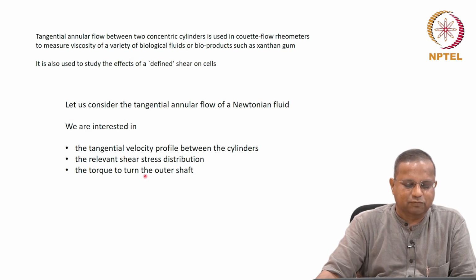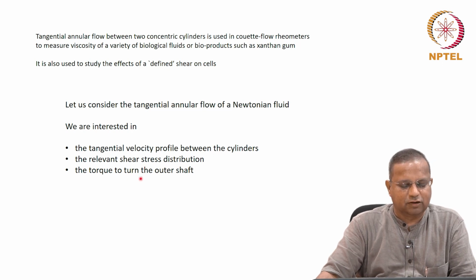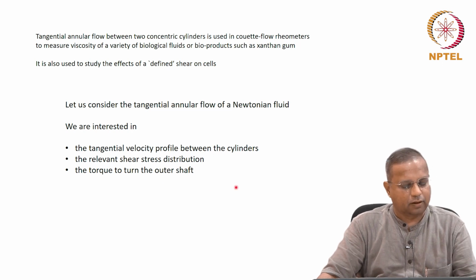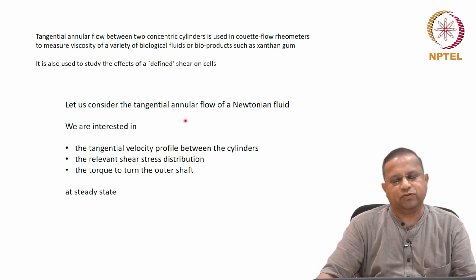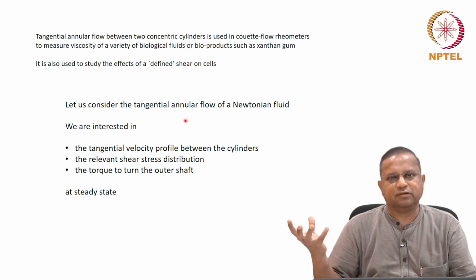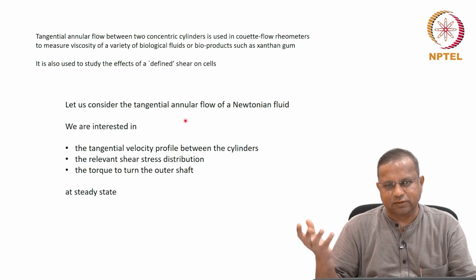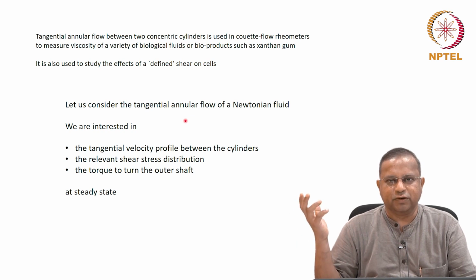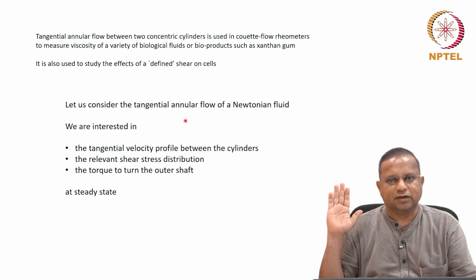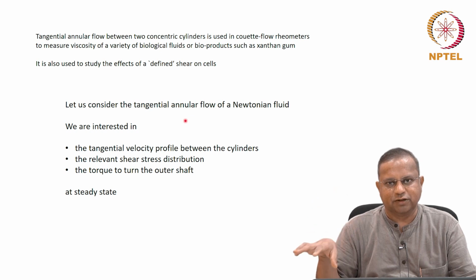Coming to this, I have posed the problem as this. We are interested in the velocity profile, the shear stress distribution, and the torque required to turn the outer shaft. And all these we want to do at steady state, because the flow will be at steady state most of the time. Initially, it will probably take a few minutes to stabilize, and when you shut it off, it might take a few minutes to dissipate.